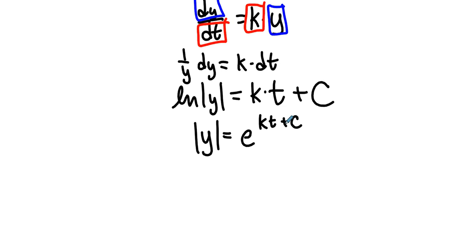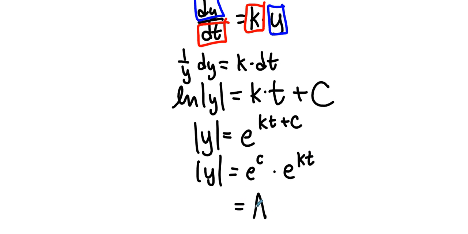What does this plus mean? Well, this means that this is an e to the c and an e to the kt. e to the c is some number a, and because that a can be either positive or negative, we can remove the absolute value.